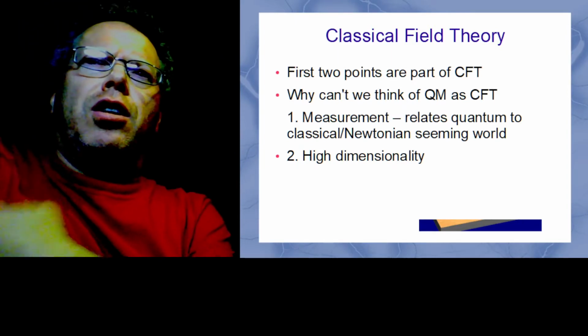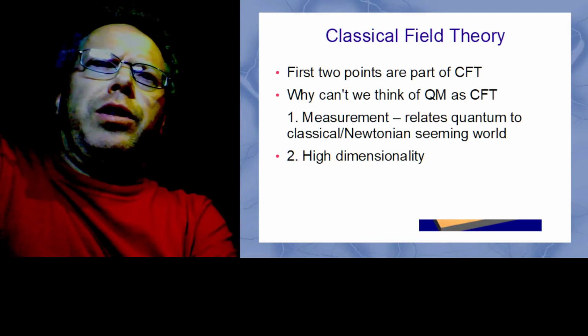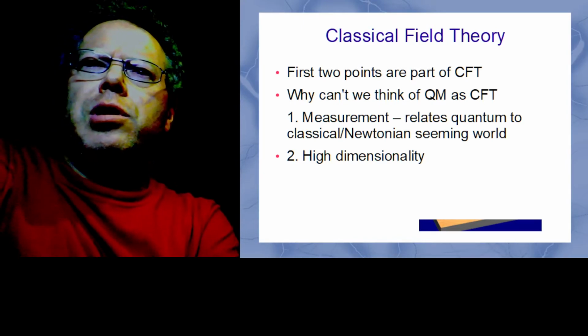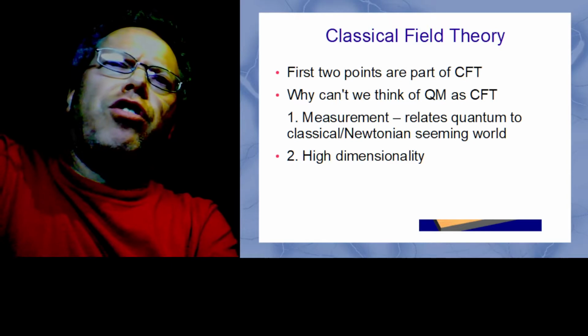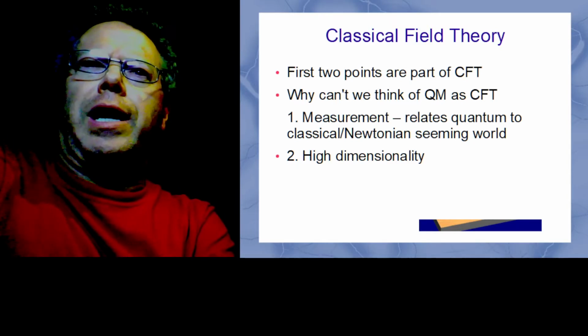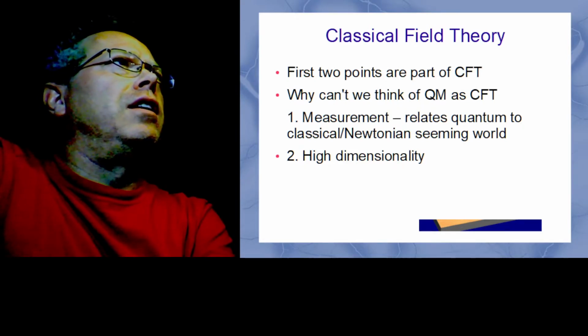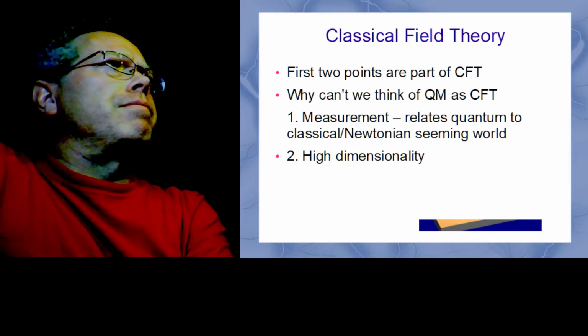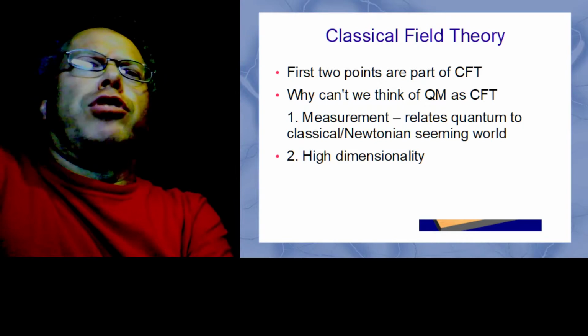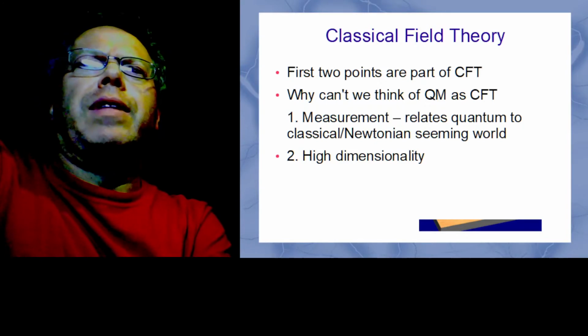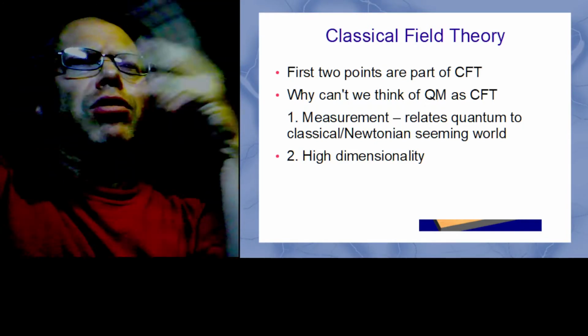So the things that really distinguish it are two things. One, what happens at measurement. And the second thing has to do with what I would describe as high dimensionality. For example, if I make a hydrogen atom, we tend to think of that as, oh, it's a little ball with an electron cloud around it.